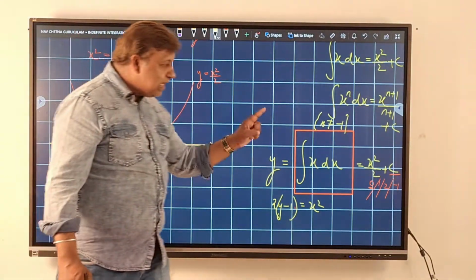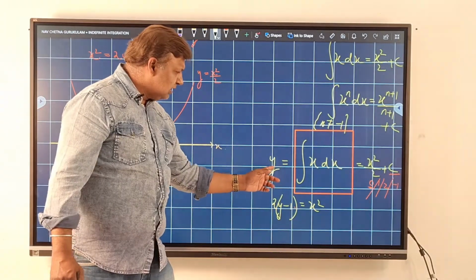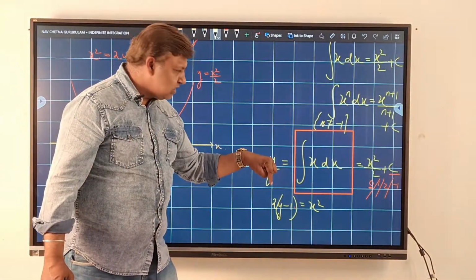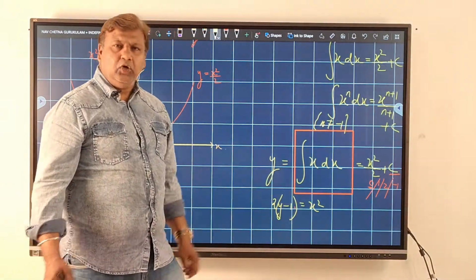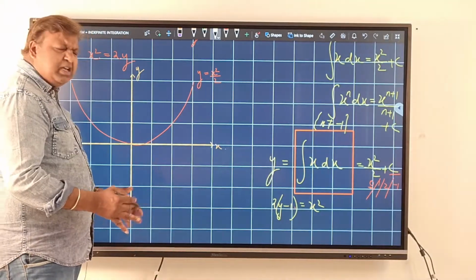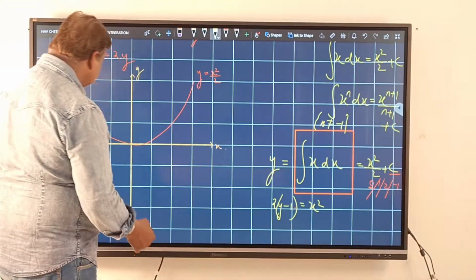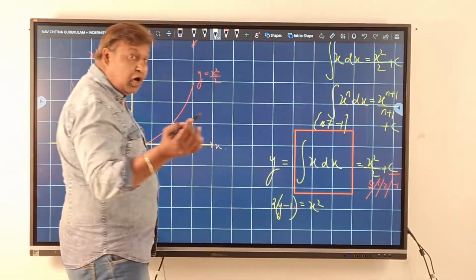When we take c as 1, I'll take it on the left hand side, it will become y minus 1. Then I'll cross multiply 2, so it will become 2y minus 1. I hope you understand this. Pretty little bit of manipulation with the numbers. Now here, this parabola, how would you make it?